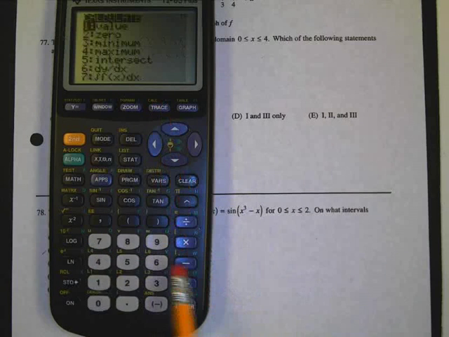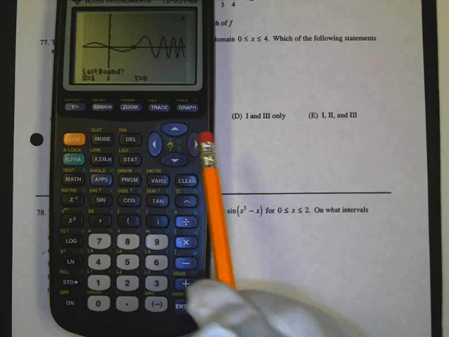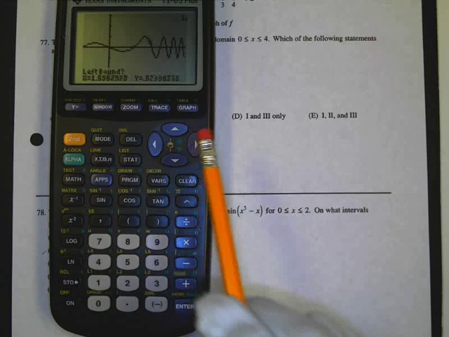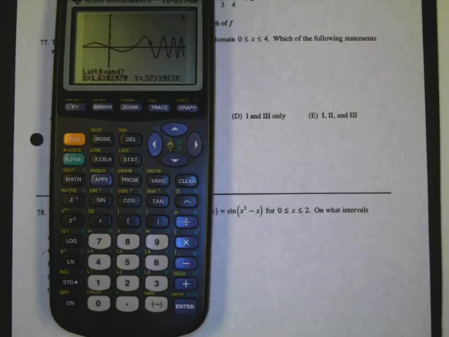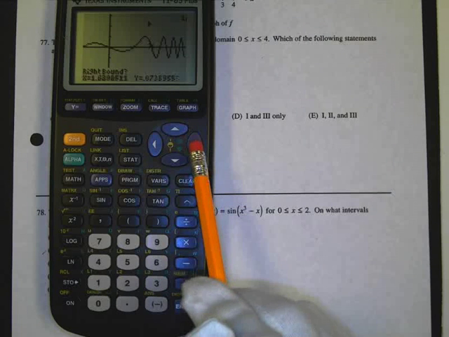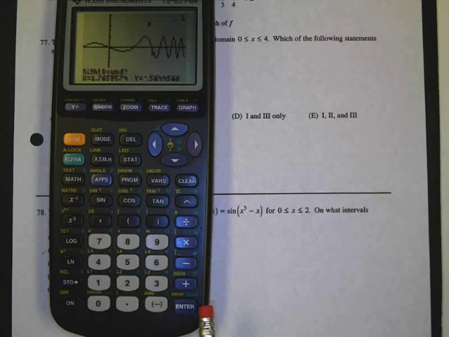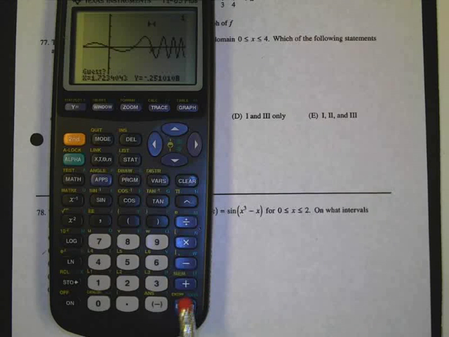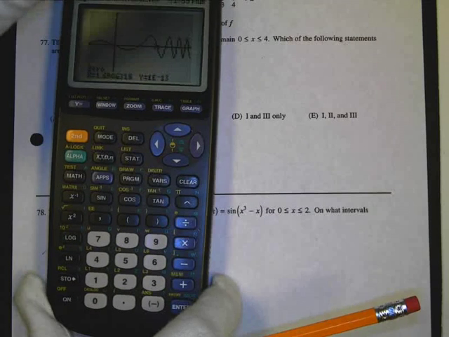Now let's try the other zero, which is 2. Here's my left bound, and go down to the right bound, like that, that's better. Enter. And I get 1.69.